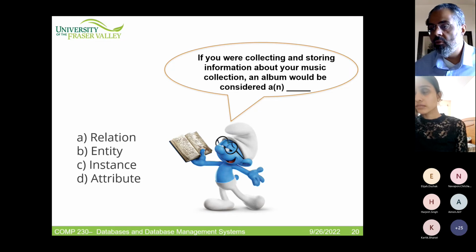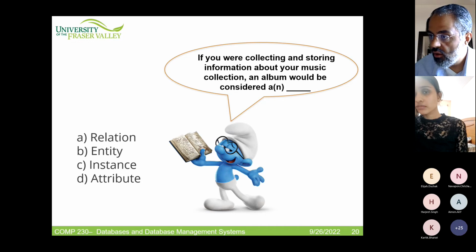So for the album, I need to know, for example, the album name, the album creation date, and the album list of songs. So there are three main attributes. We will have more than one attribute, since there are some values that I should save for this concept. In this case, it should be an entity.